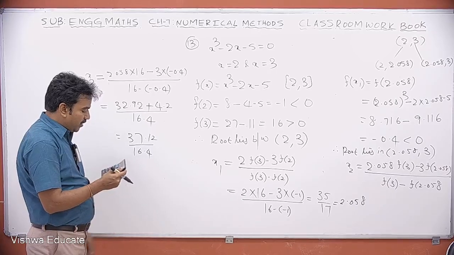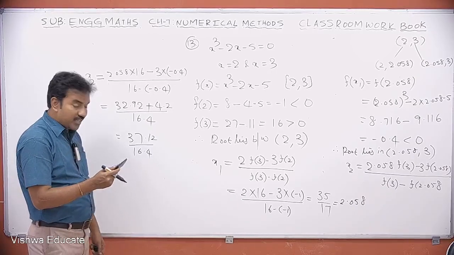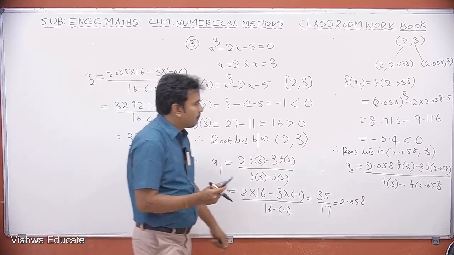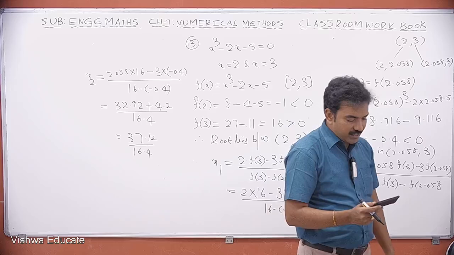So this gives me 2.26. Of course, it is not there in the options. So let us cross check it. The value here it is.